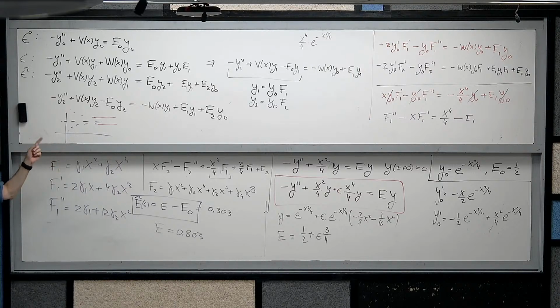I can find both E1 and F1, E2 and F2 at the same time. But this is the grace of God. This is not the generic case, right? This is luck.